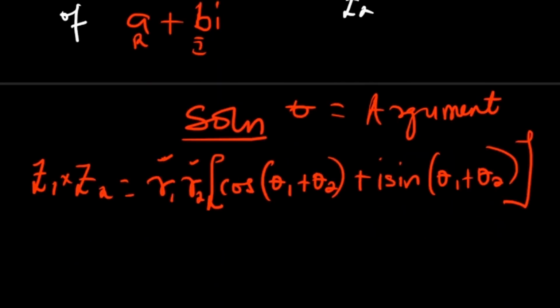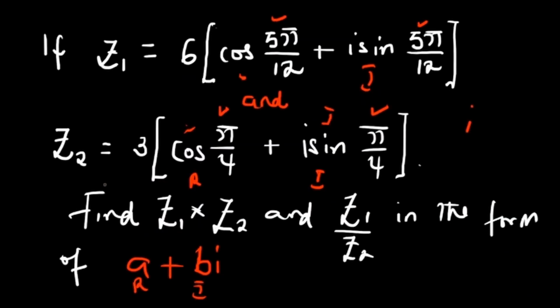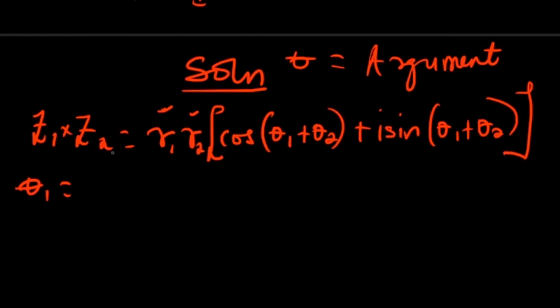All right, so now let's define what we have. Right here, we have our theta 1. Theta 1 simply means the argument for the first complex number, and here, for the real part, it is 5 pi over 12. So we write 5 pi over 12.